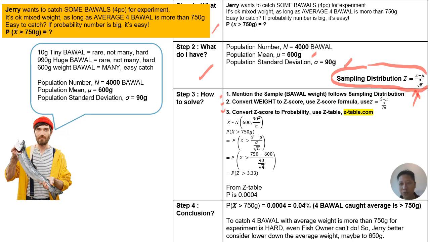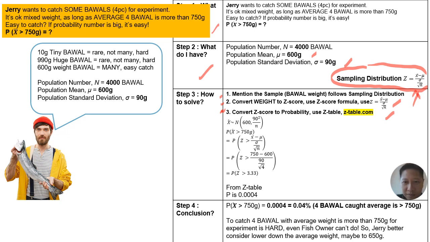Step 2, we want to convert from the weight to the Z score, and later on from the Z score to the probability. So the second one is to use the Z formula here, and then the third one, to convert from Z score to the probability, we still can use the Z table because we have the Z score number.